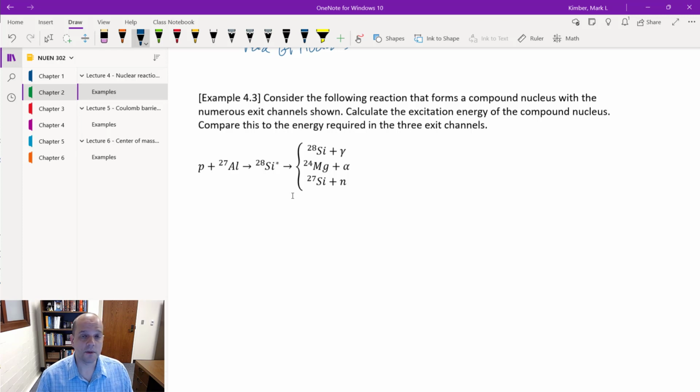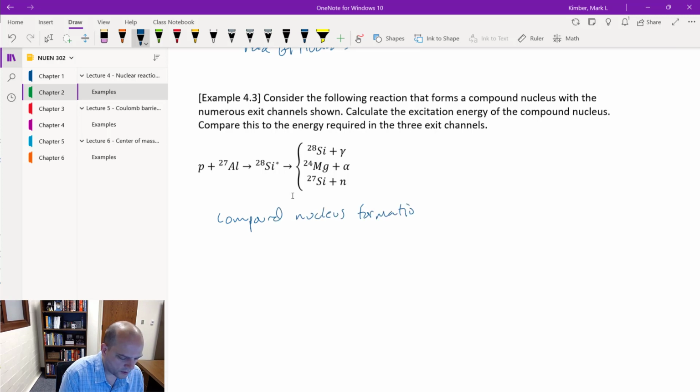But it's the same conceptually. There's nothing different in what we need to do in this problem compared to what we did last lecture with binding energy and mass defect. And so the compound nucleus formation here, we need to do that part first according to the problem statement.